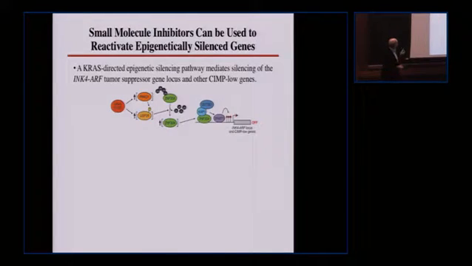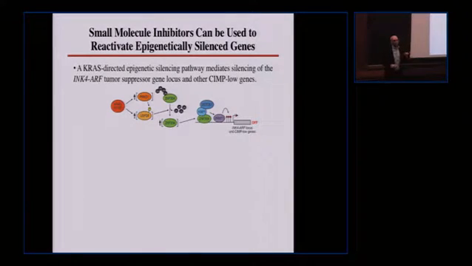And those fall into two types. And I'll use as an example of that a pathway we discovered by which the RAS oncoprotein mediates the CIMP phenotype in colorectal cancer cells. The pivotal component in this pathway is a sequence-specific DNA binding protein called ZNF304.